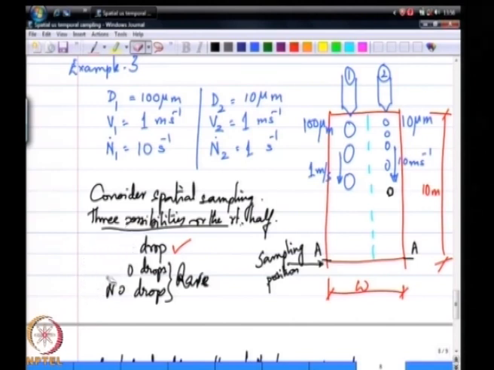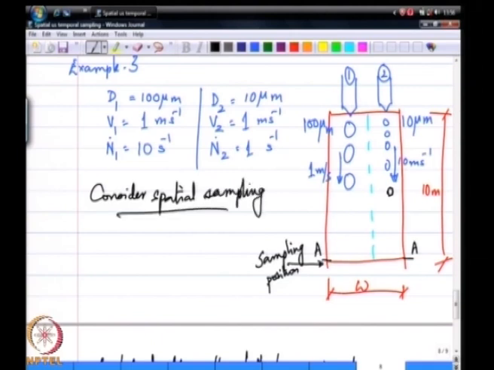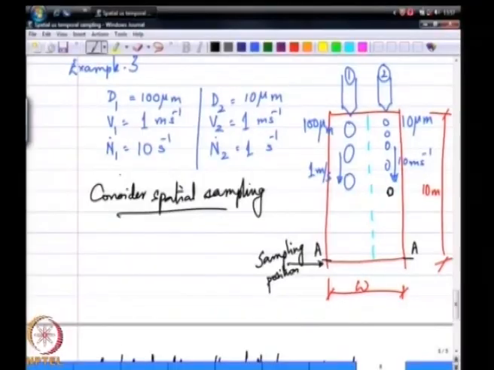Instead of 3 possibilities, I actually have many more, but we will rewrite this. If I am sampling over a 10 meter long domain, the rest of the performance characteristics are the same. I am producing 1 drop every second, and I have 10 drops of N1 dot being produced.